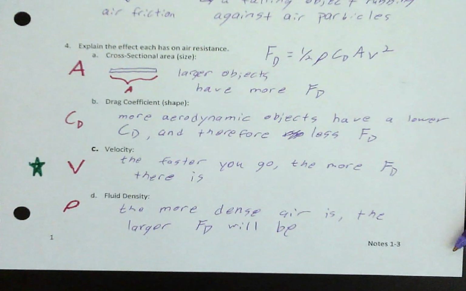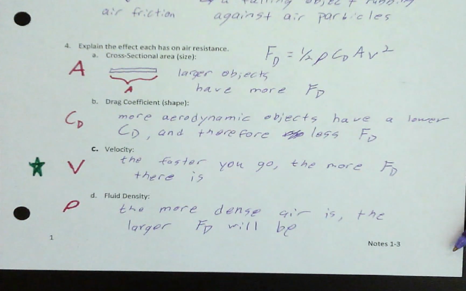Now, you might be saying to yourself, there's something that's not on that list that is very surprising. Is there anything that's not on that list that you would have thought is on the list? Think about different objects that fall. Which ones do you think would have more or less air resistance? What else do you think might affect it? Yeah, mass. Mass is not on this list. Mass does not affect air resistance.